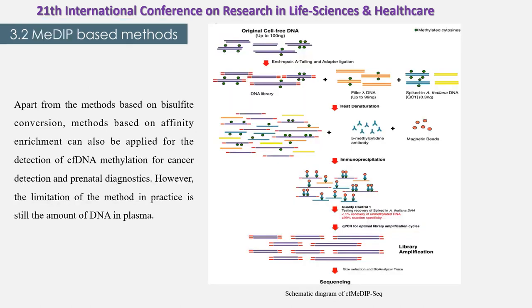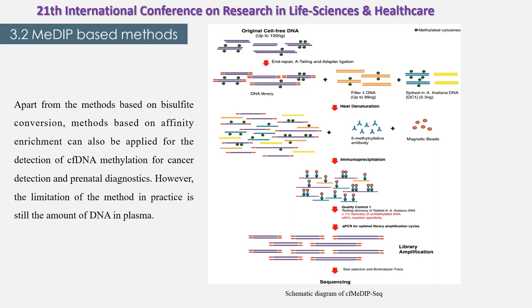Apart from the methods based on bisulfite conversion, methods based on affinity enrichment can also be applied for the detection of cell-free DNA methylation for cancer detection and prenatal diagnosis. However, the limitation of the method in practice is still the amount of DNA in plasma.